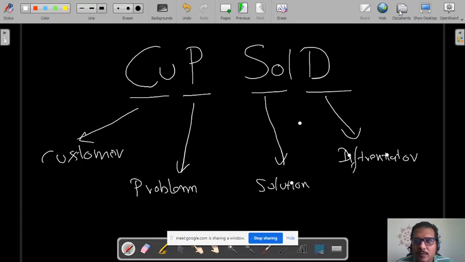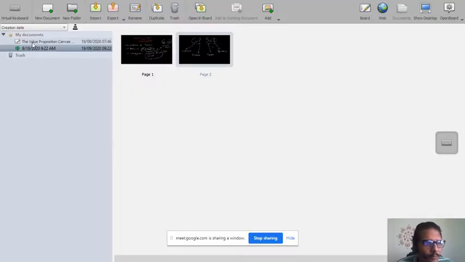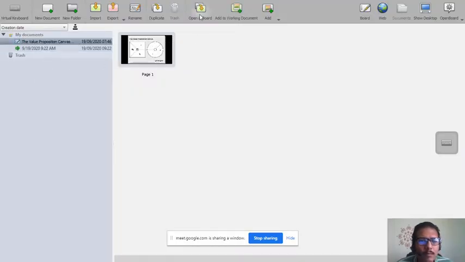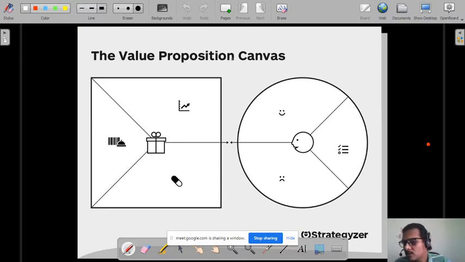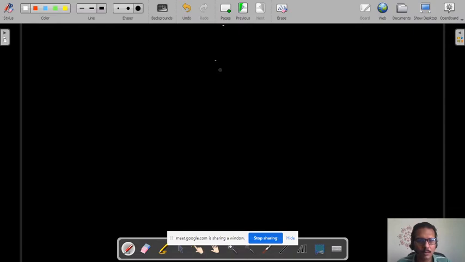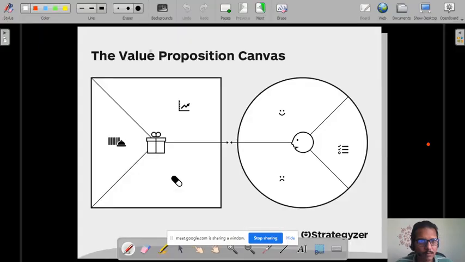So I'll actually open a document. I've just opened the value proposition canvas. We now try to fit it for Swiggy.